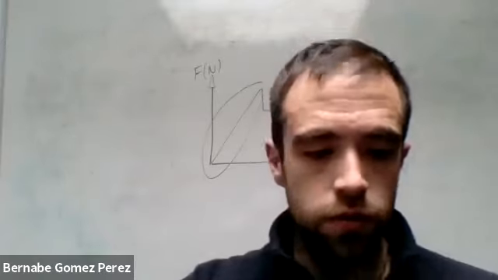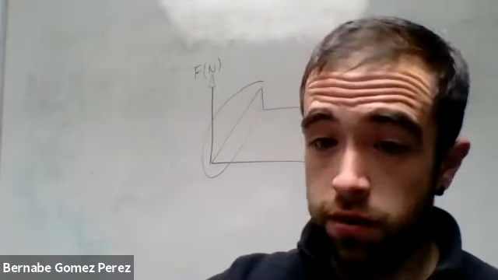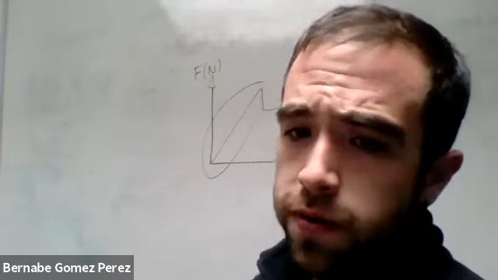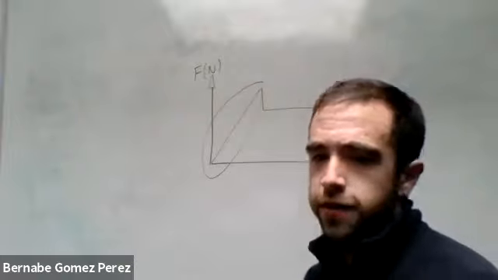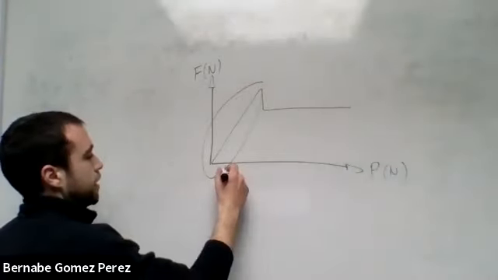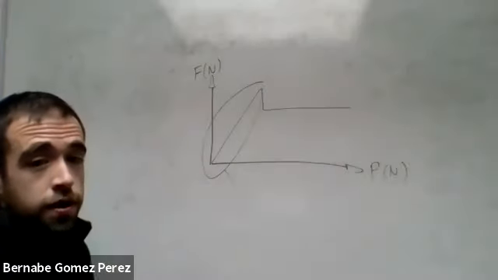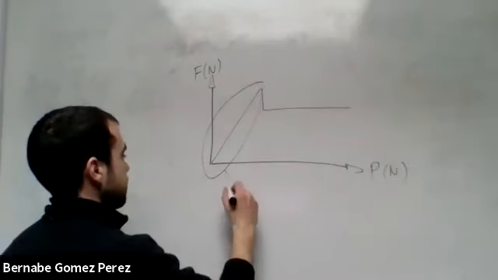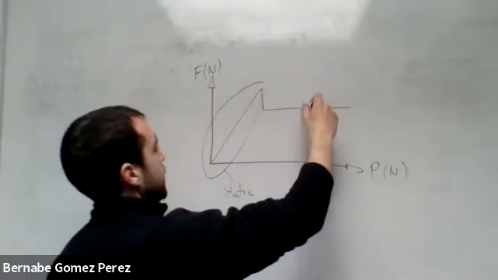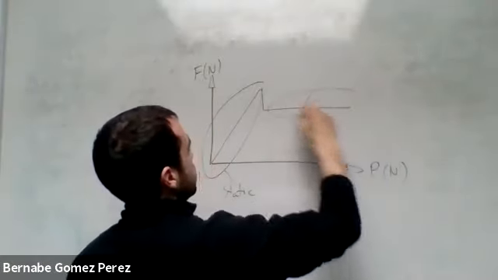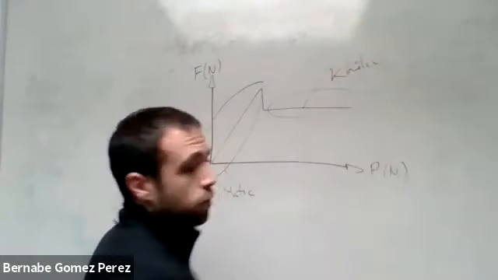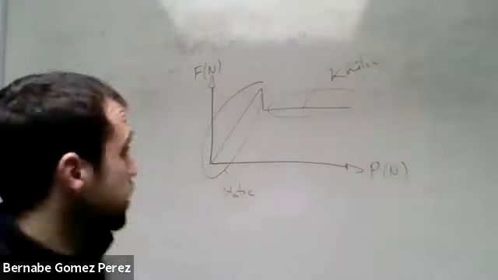So going back to the exercise of assignment 8, first we have to identify the regions of the graph, all right? The first one, if we look at the chapter, we know is gonna be the static friction, okay? And then we know that the horizontal region is the kinetic friction, which is always constant.